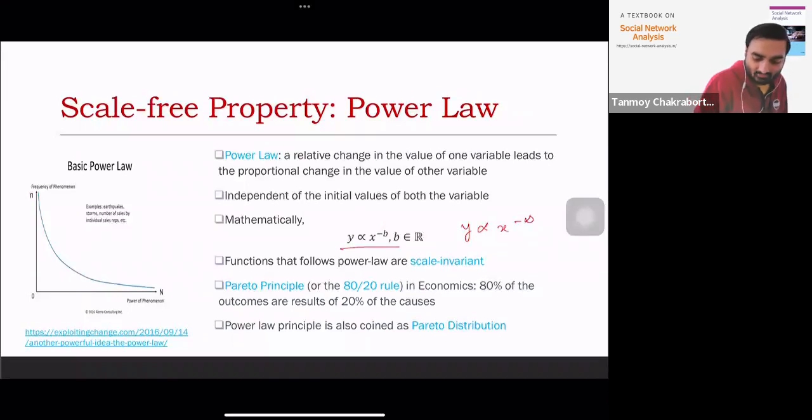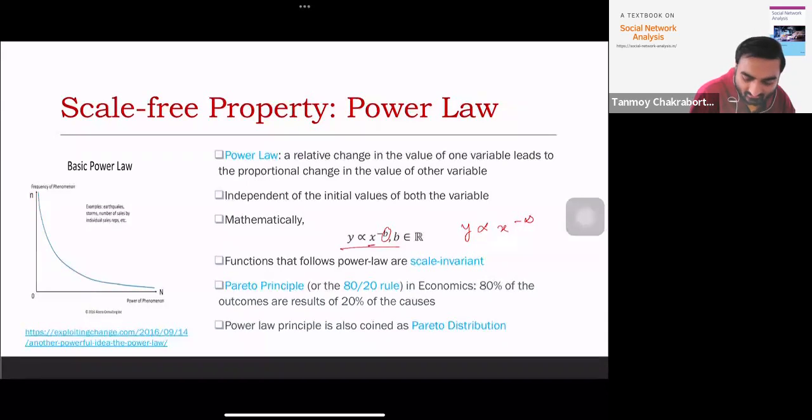And alpha is called the coefficient. It basically ranges between 3 to 4 or 2 to 4, right? And this is called scale free because the functional form remains proportional to the original function if we scale the variable, right?